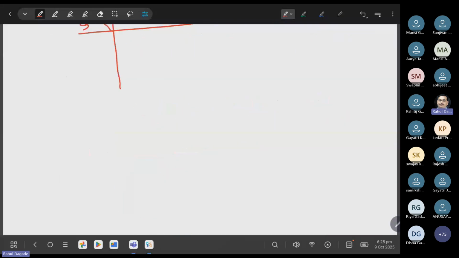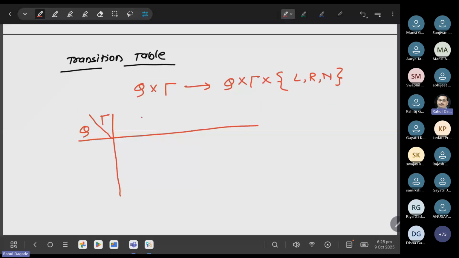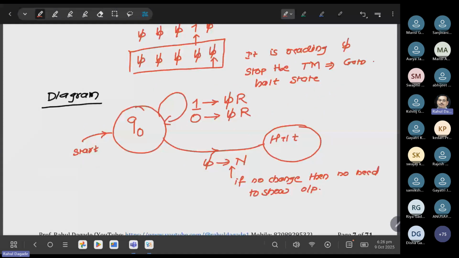So 1 is one symbol on the tape, 0 is also a symbol, and blank is also a symbol. Which is our initial state? Q0. What are we doing for input 1? We remain in the same state Q0.